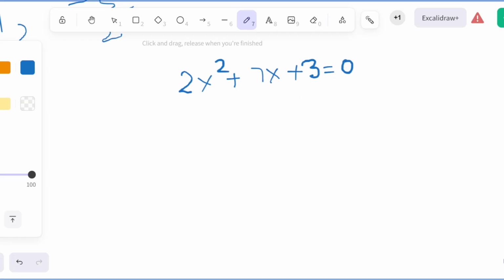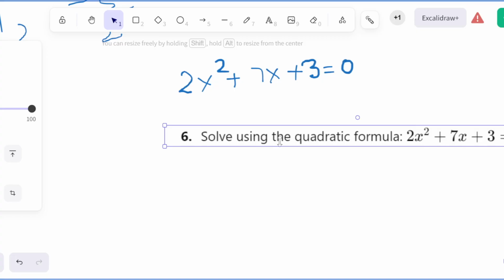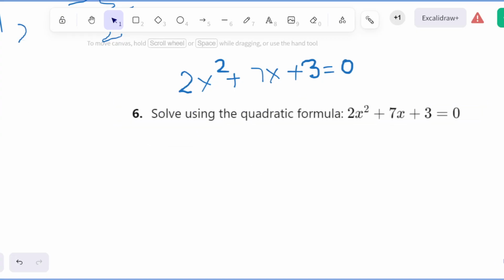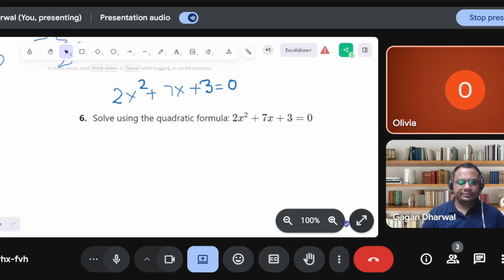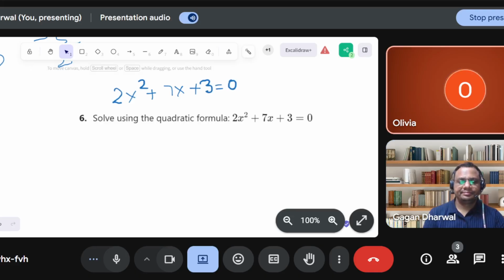Solve it by the quadratic formula. Always first write the standard quadratic equation, figure out the values of a, b, and c, and then start solving it.